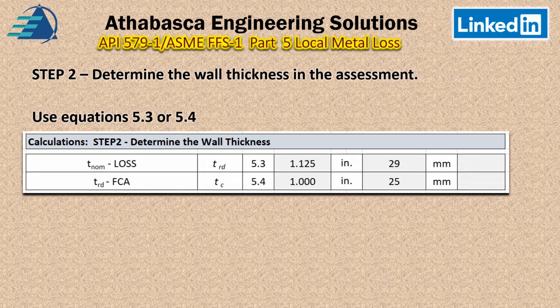The first one is we calculate TRD for the nominal thickness minus the corrosion allowance, and then we take that value and subtract the future corrosion allowance to get our predicted values, and that's equation 5.4. So in this case, we are going to use 1.25 for part of this analysis, as we'll see in the next few slides.